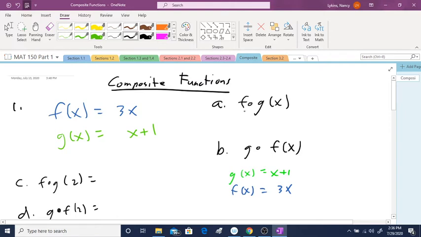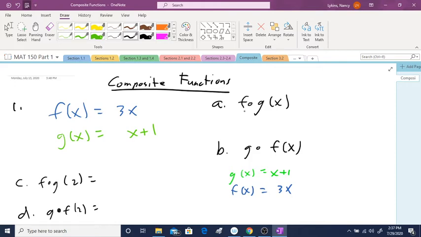So what this means is the first letter, or the first function, represents what I call the main or the parent function. And we will input or substitute the second function, in this case in part A, it's g, back into the main one.